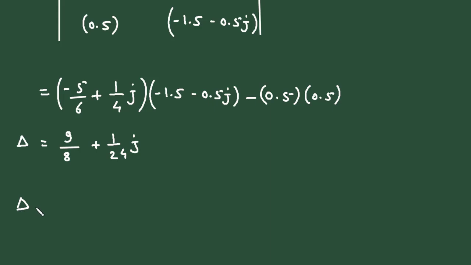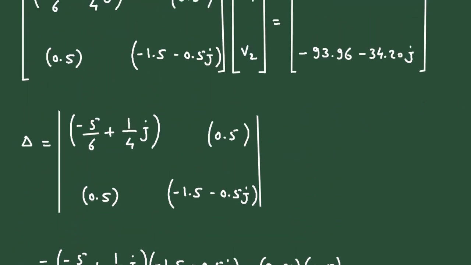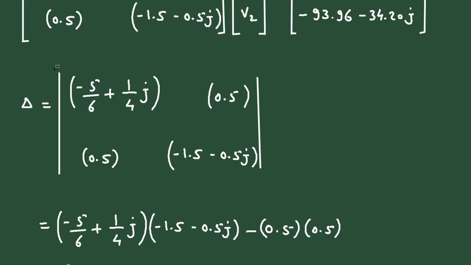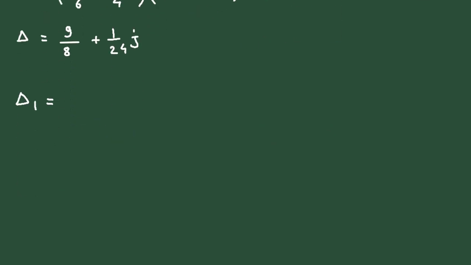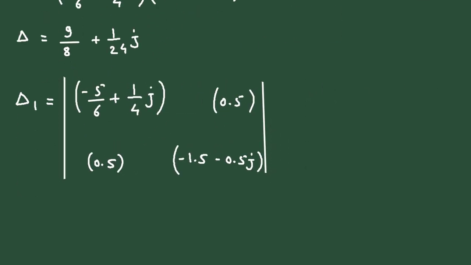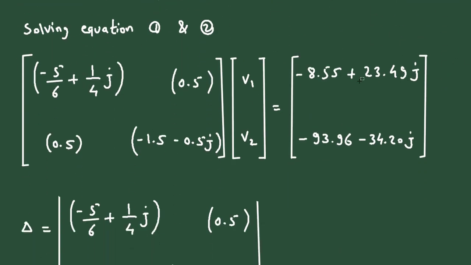Then next we have to find the value of delta 1. Again, to find the value of delta 1 we have to take the determinant of this matrix, but this time we have to replace its first column. So let's replace its first column by this value.